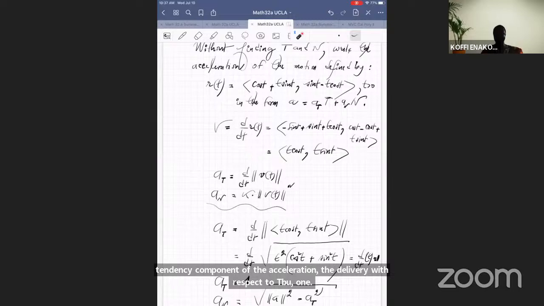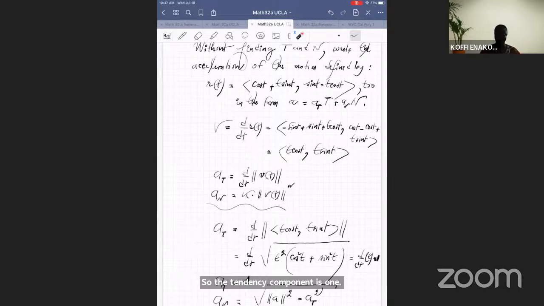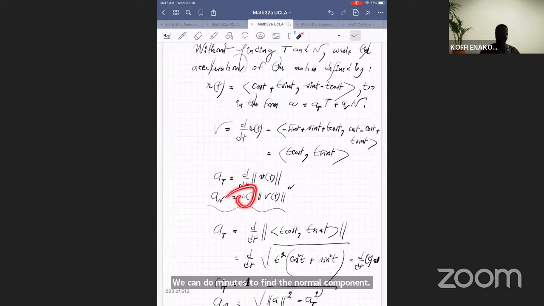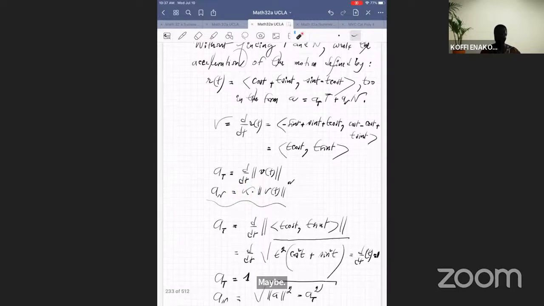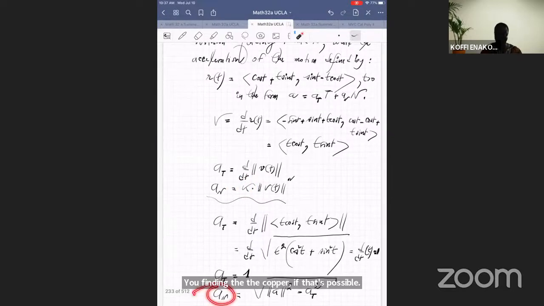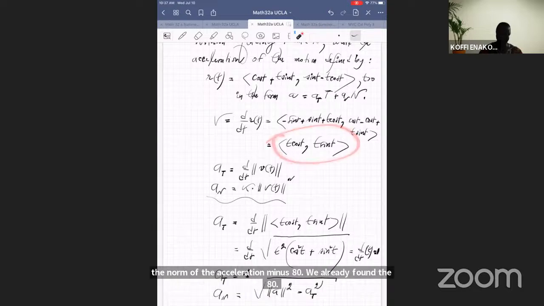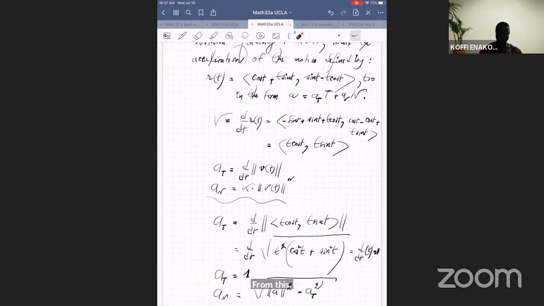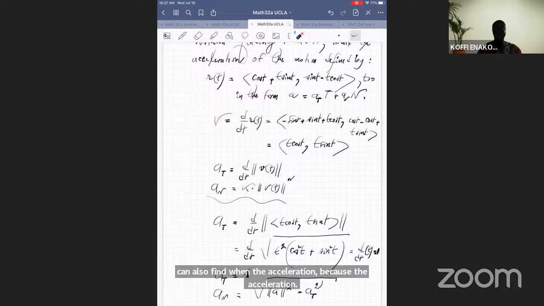We can do many things to find the normal component, maybe finding the kappa, if that's possible. But observe that the normal component is the norm of the acceleration minus a_t. We already found the a_t. But we can also find the acceleration, because the acceleration is the derivative with respect to t of v, and then take the norm of the vector we found.